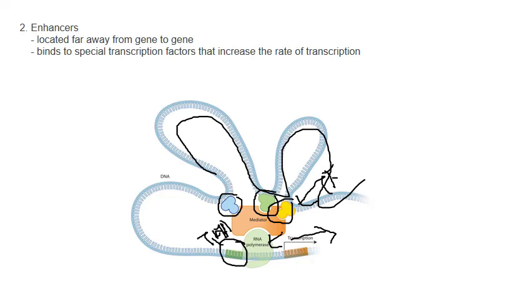This will eventually increase the rate of transcription. Once the transcription factor binds, the protein on the enhancer can loop around onto the promoter region, thereby stimulating transcription of that gene. Okay, that's all for gene regulation in eukaryotes.